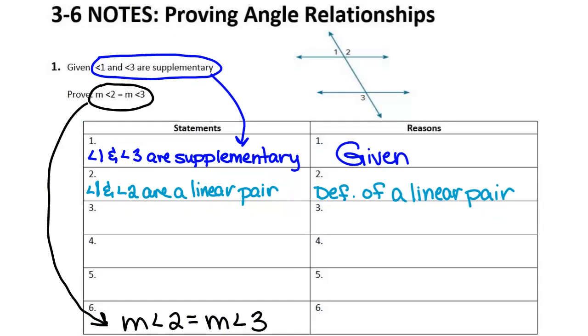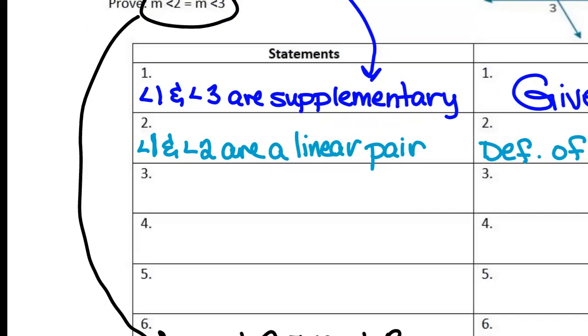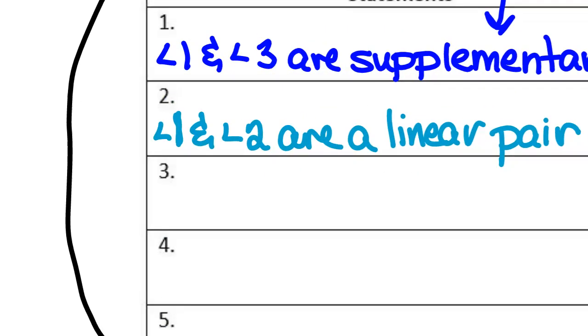All right. If two angles form a linear pair, what do they add up to? 180, because they are what? What do we call angles that add up to 180? Supplementary. So I can't jump from saying they're a linear pair to saying they add to 180, but I can say they're supplementary.